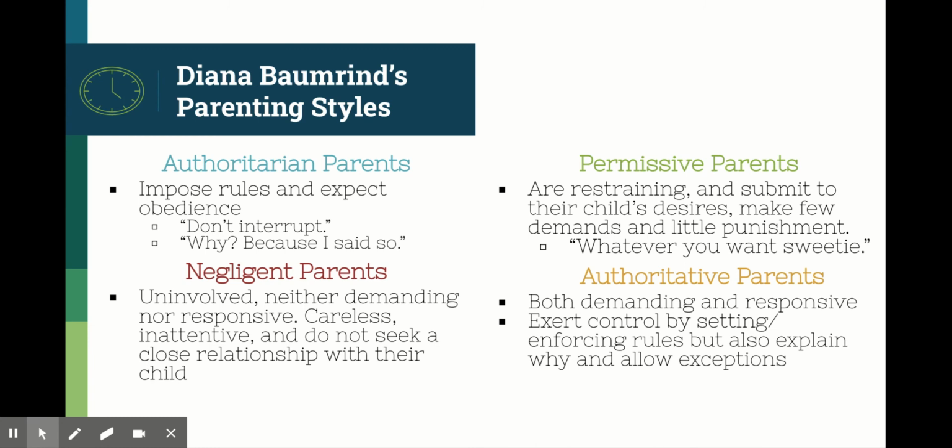If you asked an authoritative parent if you could go to a party, they might say no, but they're going to explain why. They might sit you down and say, I know you really want to go to this party, here's why I think it's not a good idea, so I'm going to say no. They set and enforce rules, but explain why. They know that there are exceptions. If you break a rule, they're going to sit down and talk with you and not yell at you or say, what the heck?